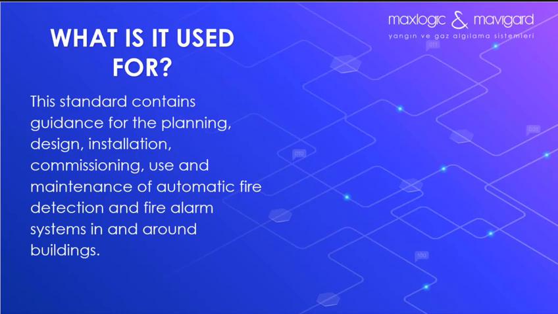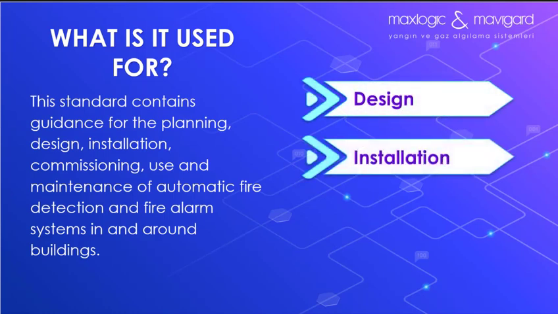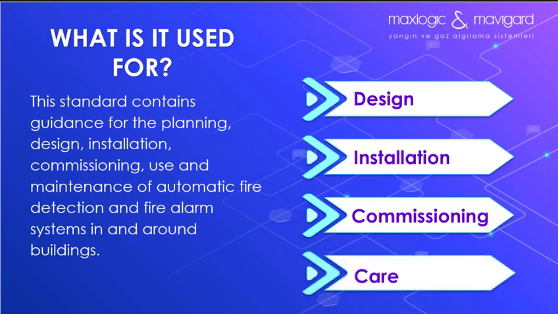The EN 54-14 standard includes guidance for planning, design, installation, commissioning, use and maintenance of fire detection and alarm systems so that they can be correctly projected and kept in continuous operation.